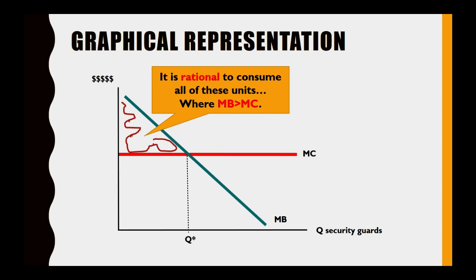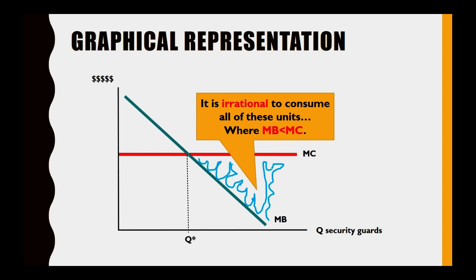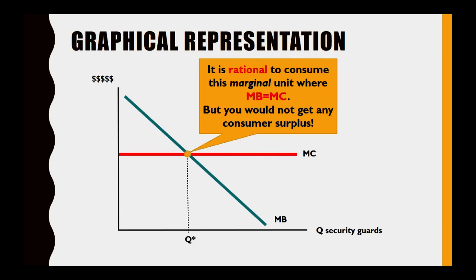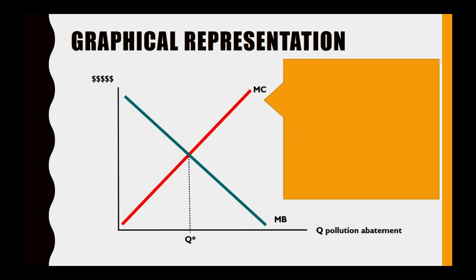So it's rational to consume all of those units on the left, am I right? It's rational to consume all of those units because marginal benefit's greater than marginal cost. But do you agree that it's irrational to go past Q star, right? It's irrational to go past Q star. So I would not consume there. All right? So we can figure out consumer surplus.